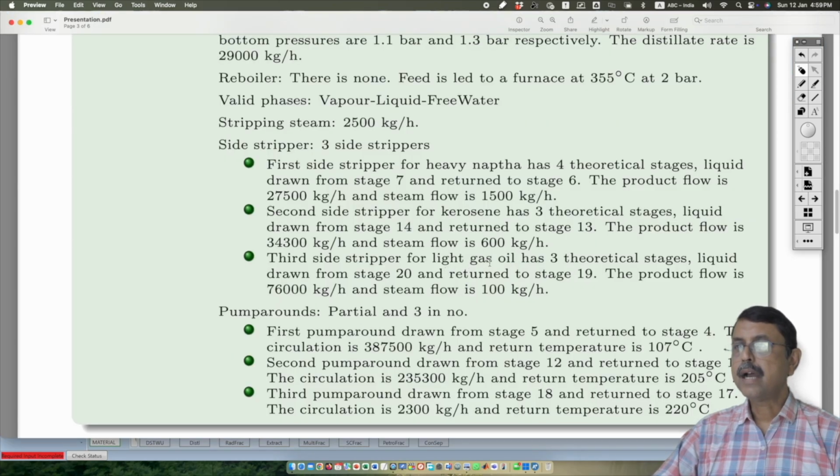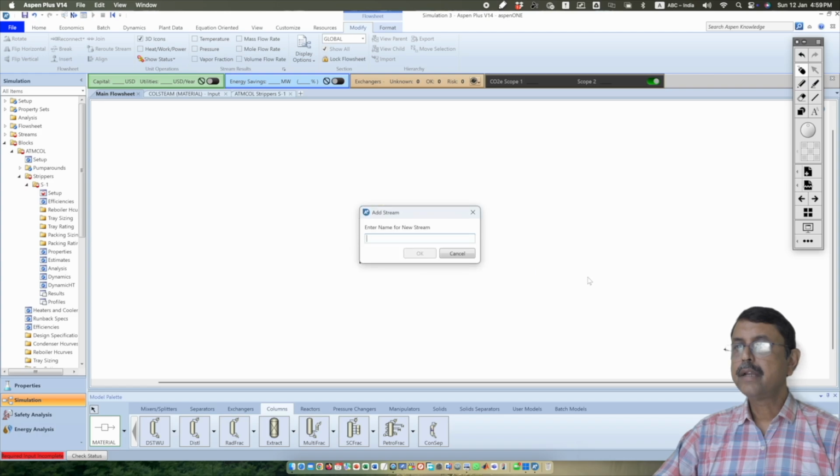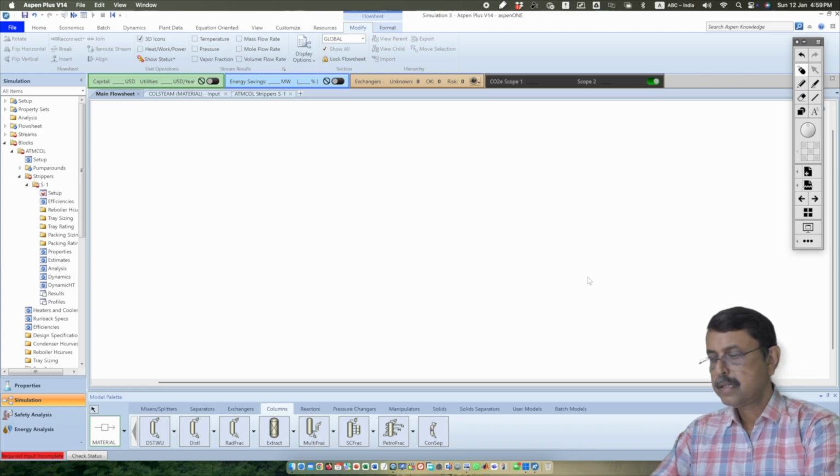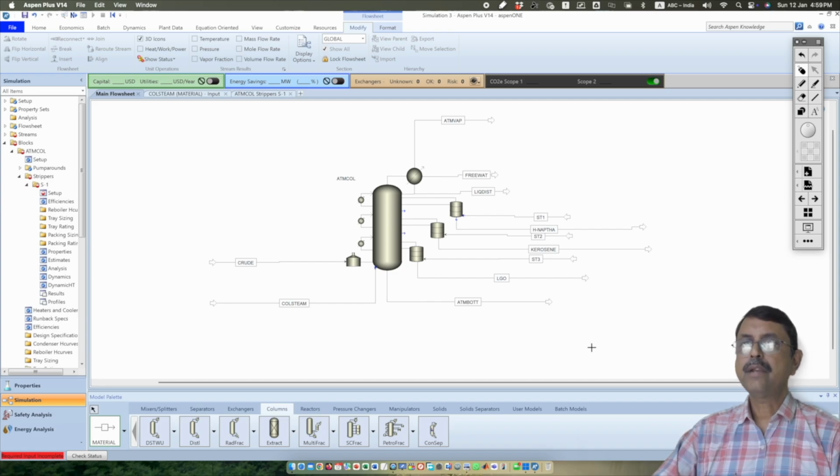And the third one, light gas oil, we write it as light gas oil. So that way the inputs and outputs from the strippers are fixed.